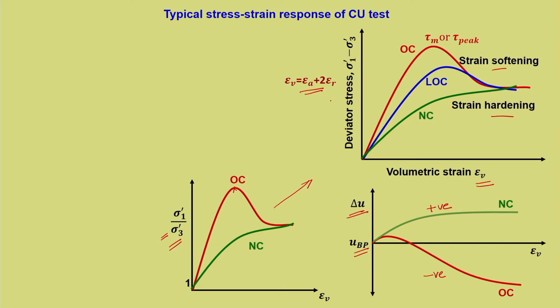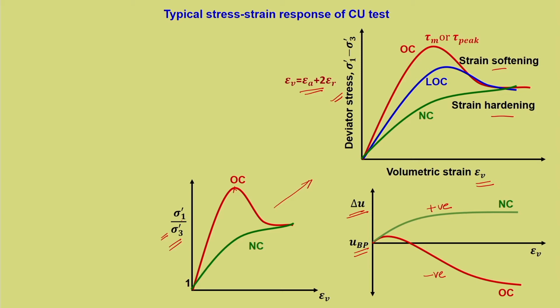Here in the case of deviatoric stress, sigma 1 dash minus sigma 3 dash is equal to sigma 1 minus sigma 3, it is same. So, in the ratio maybe there will be some difference here and there. That is why the trend is same, but it may not be exactly the same. Here it is starting from 1, why?